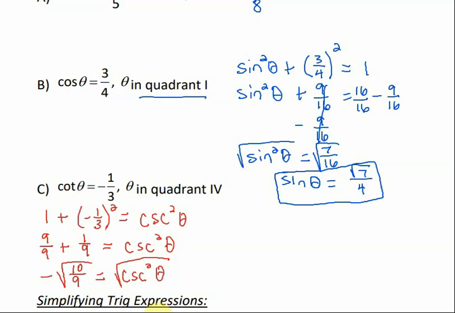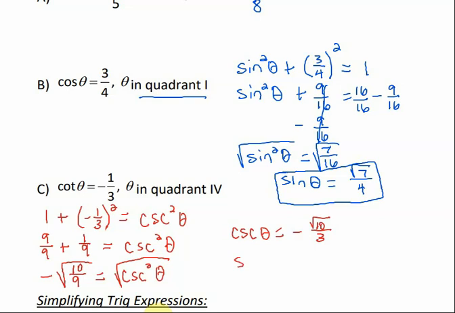So cosecant squared theta, the square and the square root would cancel out. So we would just have cosecant of theta is equal to negative square root of 10 over 3, because the square root of 9 is 3. And now we just need to flip it to get the value of sine.